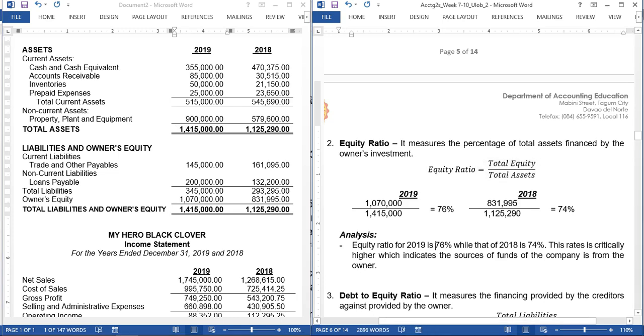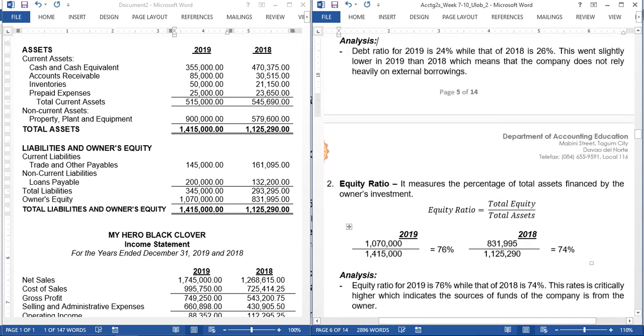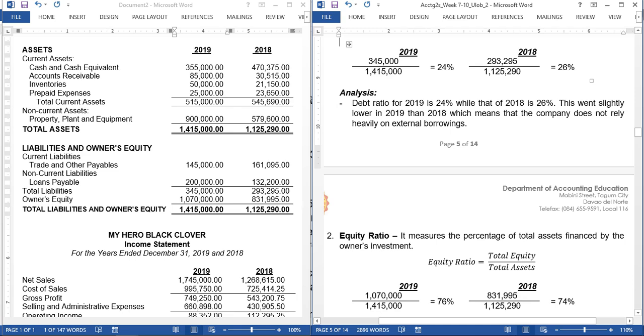Diba, take a look at this one. Out of total asset, yun nga, 24% ang sa liabilities, while 76% ang sa equity. So it means to say, mas ang mga investment ang source sa fund ng asset kagikan sa owner. Okay, heavily gikan sa owner.